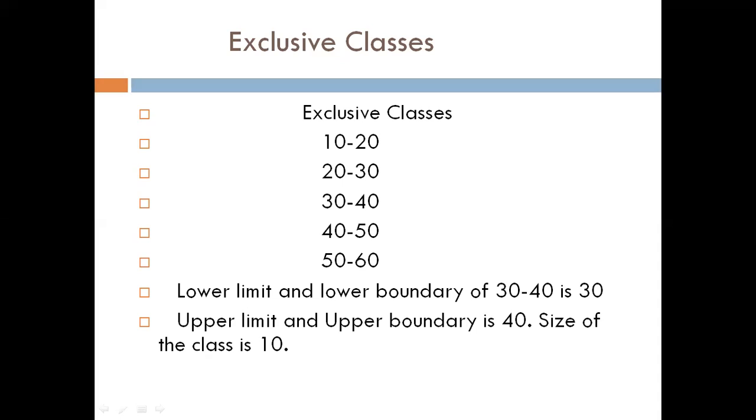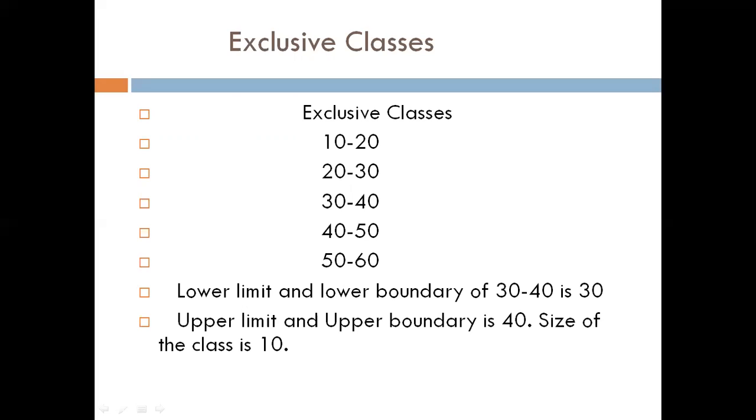First, exclusive classes. What are exclusive classes? You see the class intervals 10 to 20, 20 to 30, 30 to 40, 40 to 50, 50 to 60. These are all called class intervals. In this, the first number in the class interval is nothing but the lower limit.